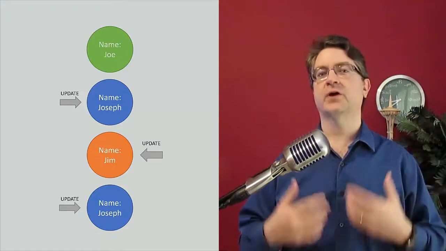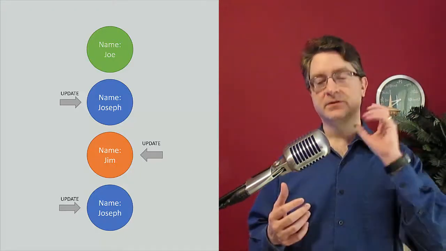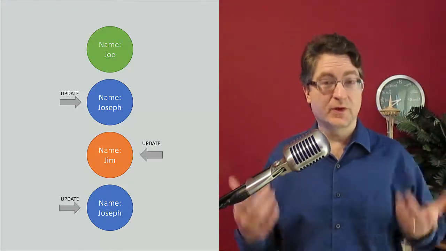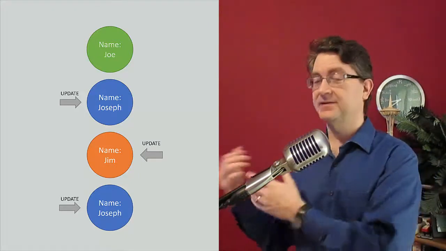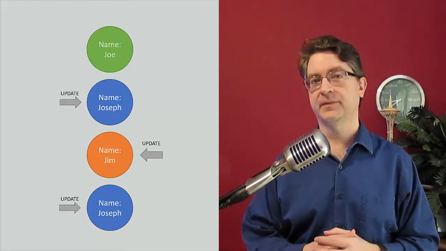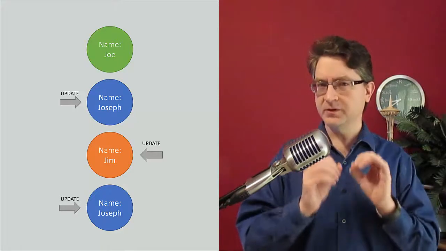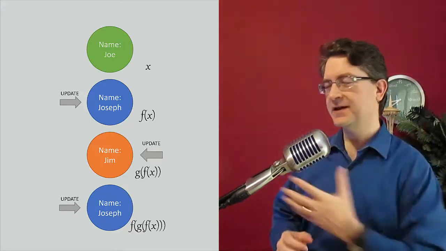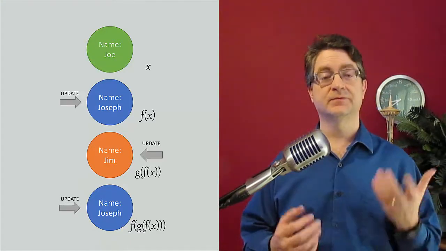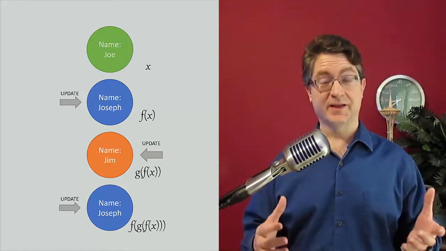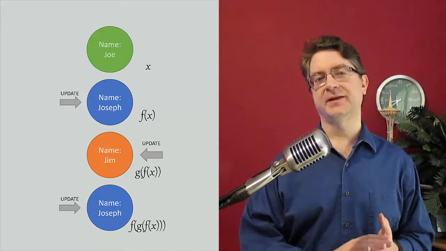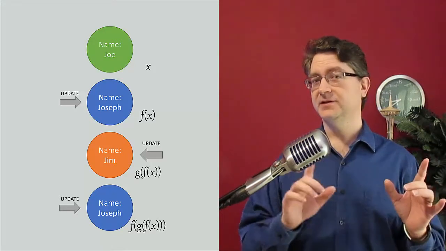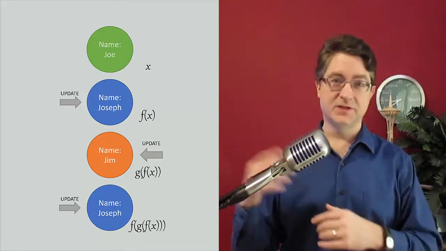If I try to reapply the update to Joseph, then the update will go ahead and take, and so now we'll be back into the state name equals Joseph. So we are not strongly idempotent here. We are not ignoring the second attempt to update the name to Joseph. We're actually applying it. So we're no longer following the identity that f of g of f of x is equal to g of f of x.